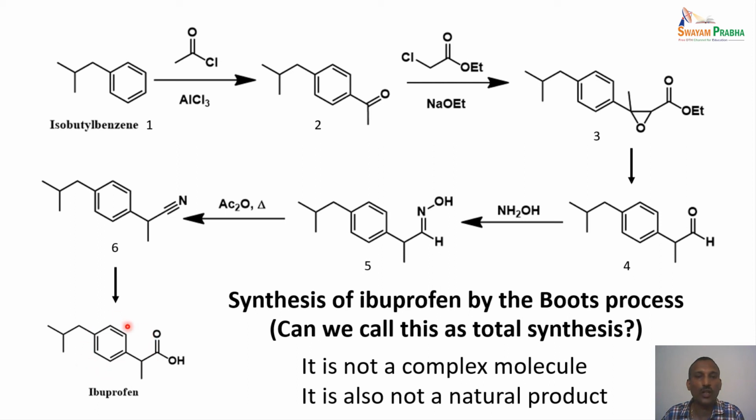Second, this is also not a natural product. So although it involves multiple steps, it cannot be called a total synthesis. You need to know the difference between normal synthesis and a total synthesis. Total synthesis always involves a complex natural product.